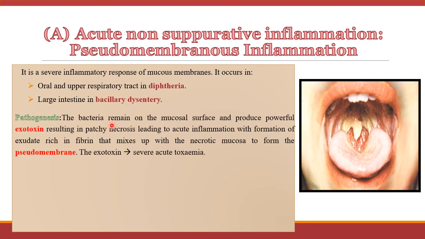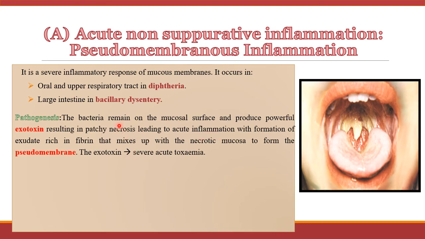So why do we have this pseudomembrane? What happens here? These organisms are characterized by one common feature. They secrete a very powerful toxin. This toxin is like a poison to the epithelium. Once the toxin is secreted, the epithelium dies and necrosis will happen. So this necrosis is very irritating and will elicit an acute inflammatory response.